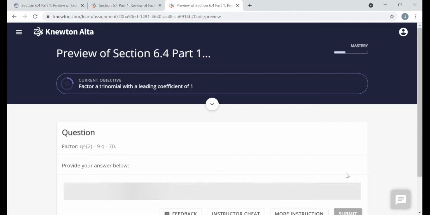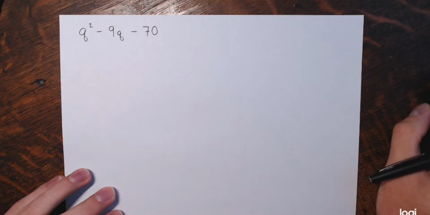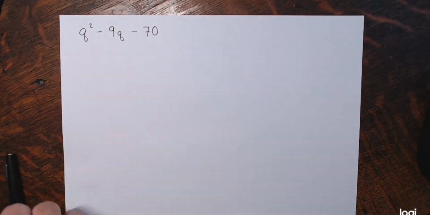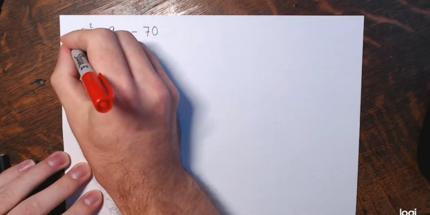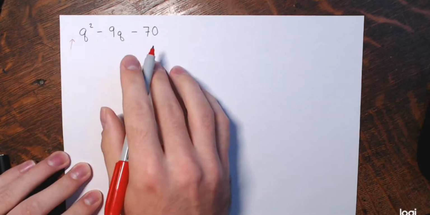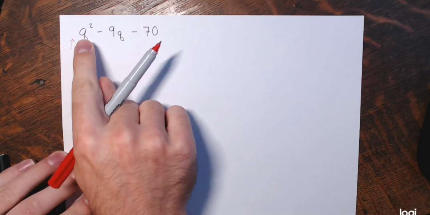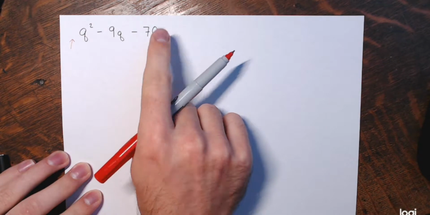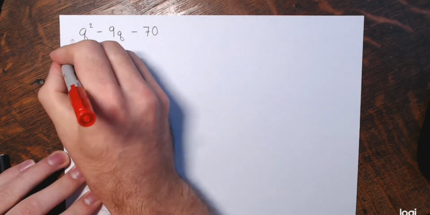All right, so this one's one of the easier ones, right? Remember, when the lead coefficient is 1, it should be pretty simple. All right, so I'll write this out. Like I said, this is another one of those quadratic trinomials, Aq squared plus Bq plus C, but A equals 1.